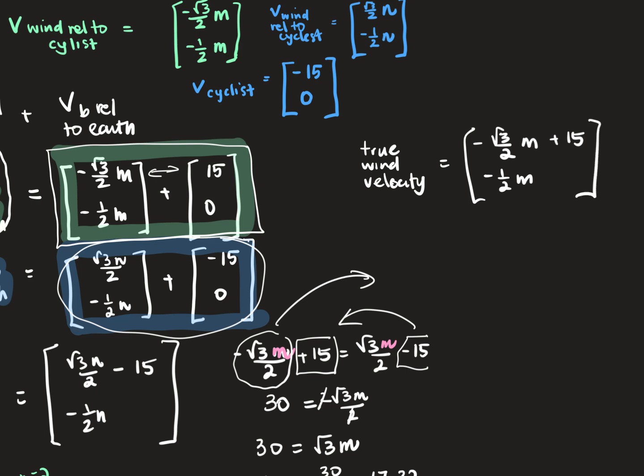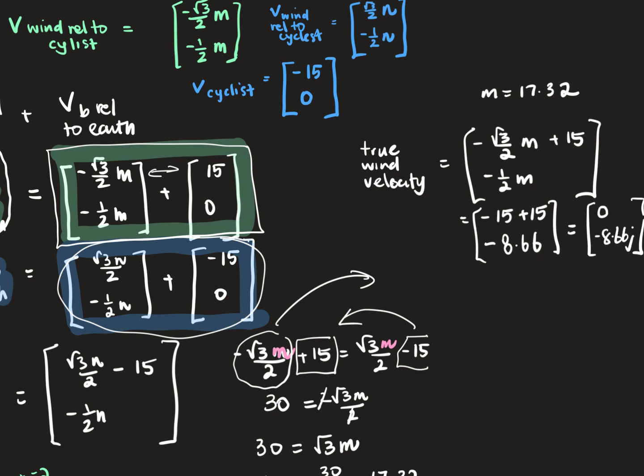I know what m is. M is 17.32, so I'm just going to substitute that in. So that will give me 0i minus 8.66j as the true velocity of the wind.